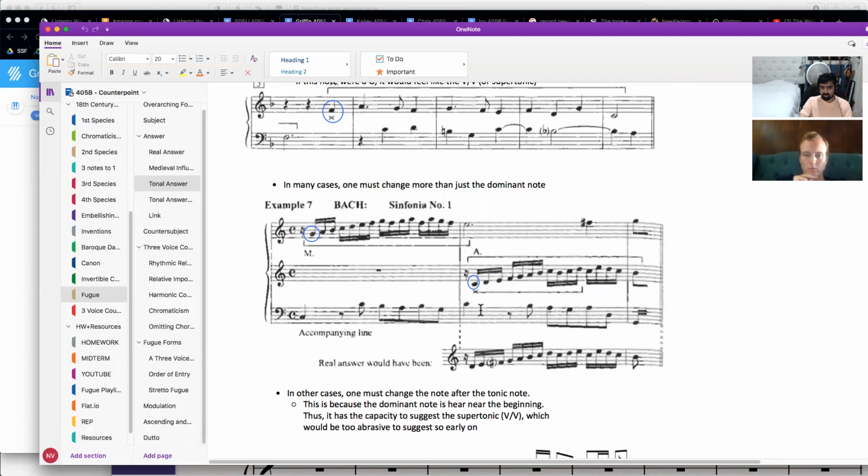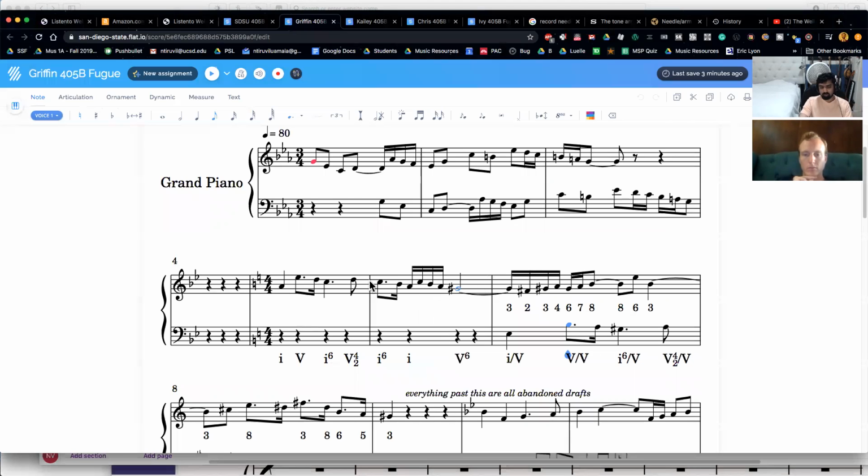If you see what I mean. So I guess the first thing I would say is, because you have the dominant so close to the beginning, I think you have to use a real answer. You have to use a tonal answer. Unfortunately.